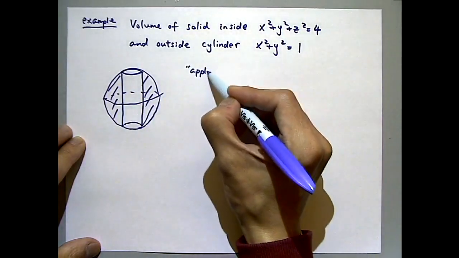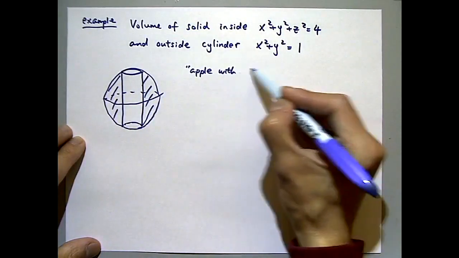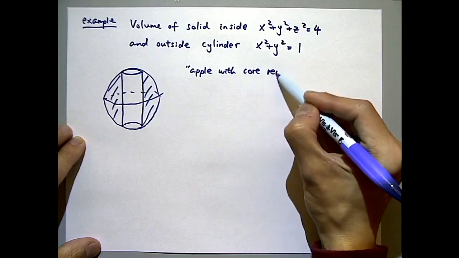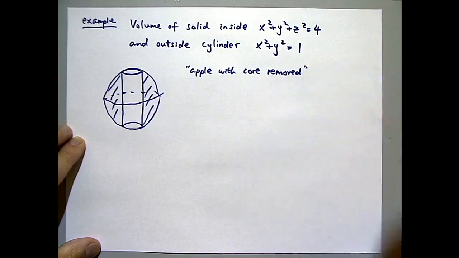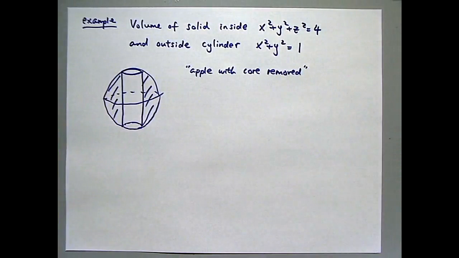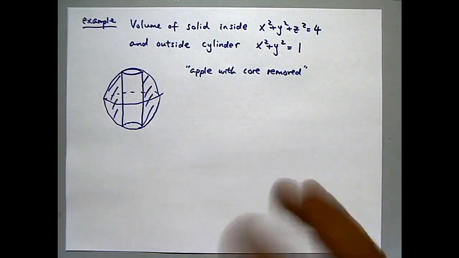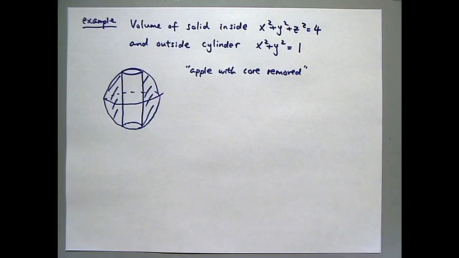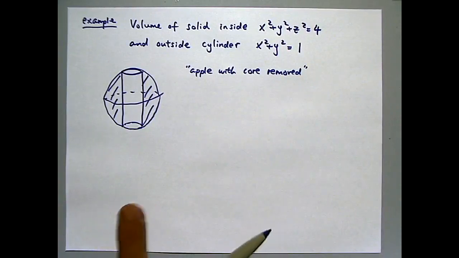So think of this as an apple with a core removed. We want to find the volume of this thing.